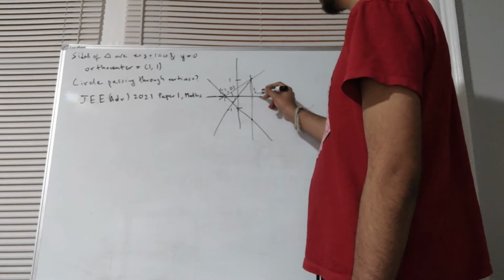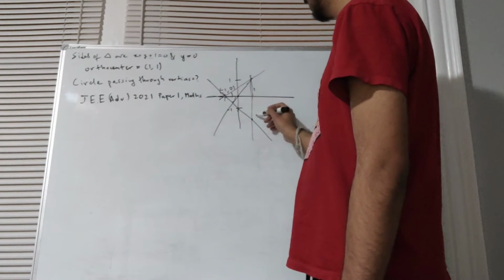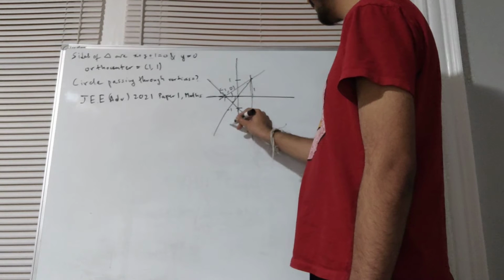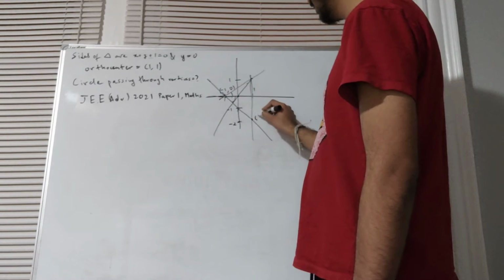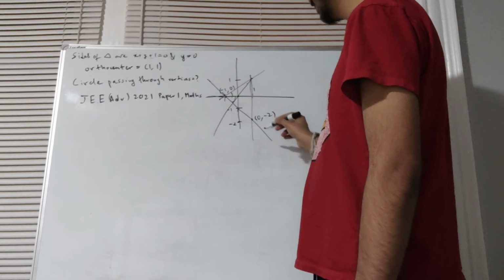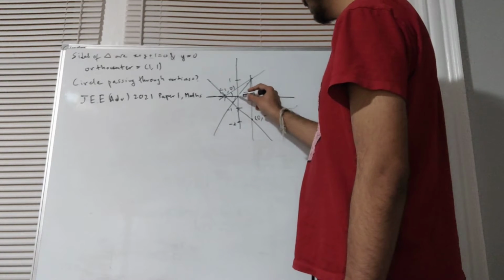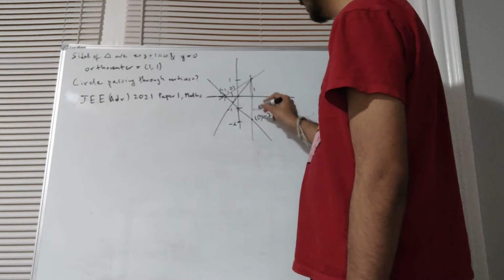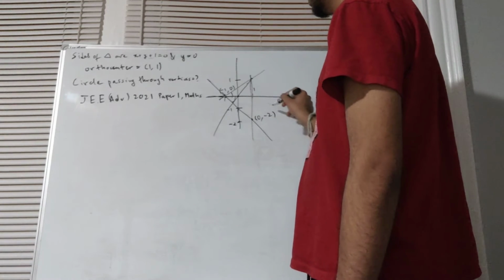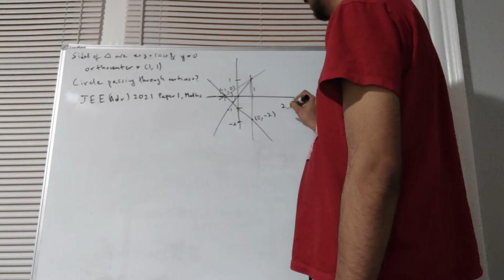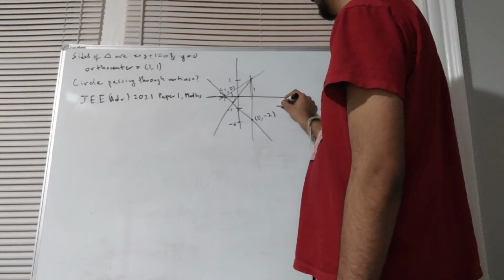But if we observe, at x equals 1, y is minus 2. So this point is 0 comma minus 2, which means the slope of the line joining 0, 0 and 0 minus 2 would be 2.